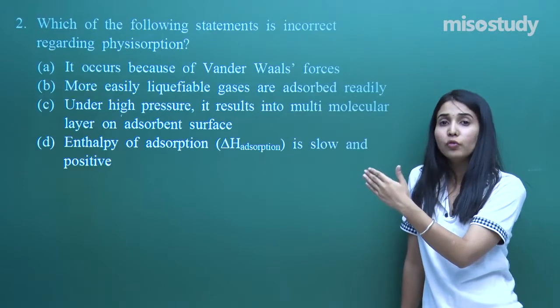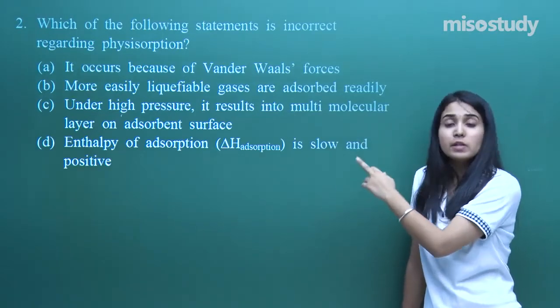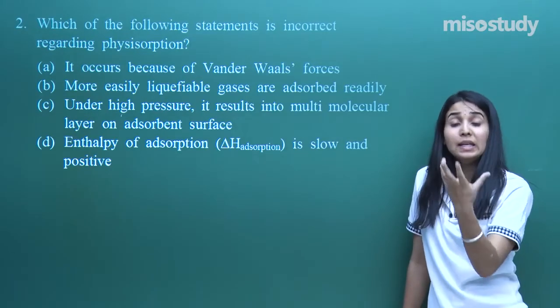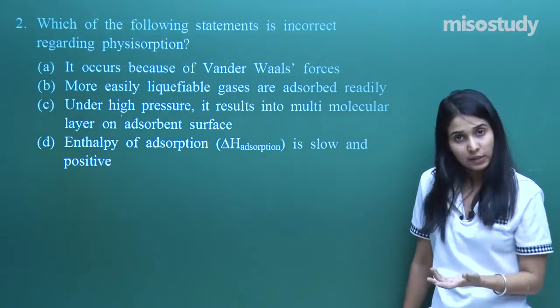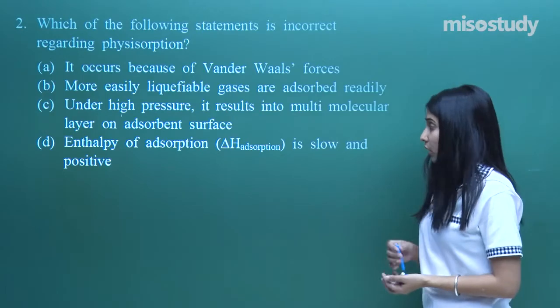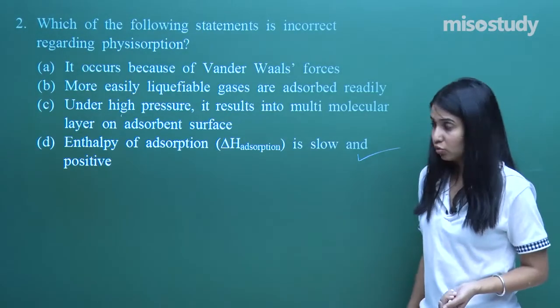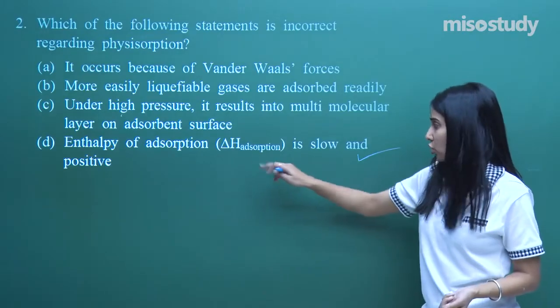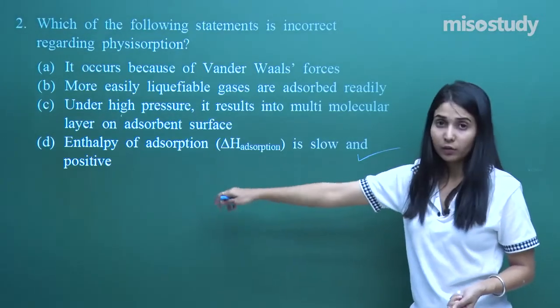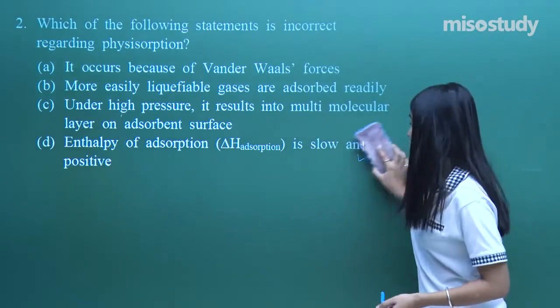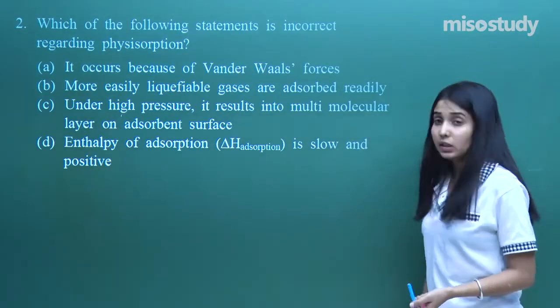If it has to move forward, the enthalpy of adsorption should be low and it cannot be positive, it should be negative for the process to take place. So what would be my correct option? The incorrect statement that I have to choose would be that enthalpy of adsorption is low and positive, because the correct answer is that it should be a negative value, right?